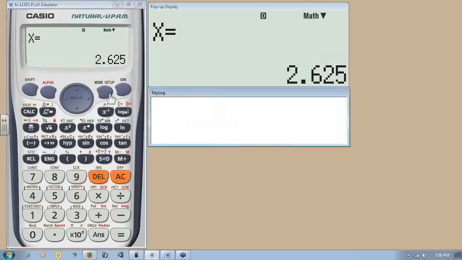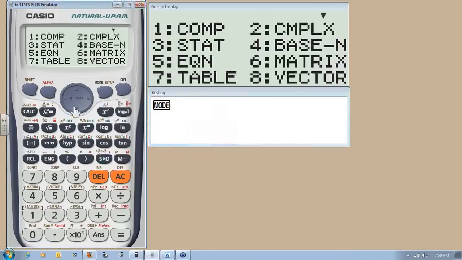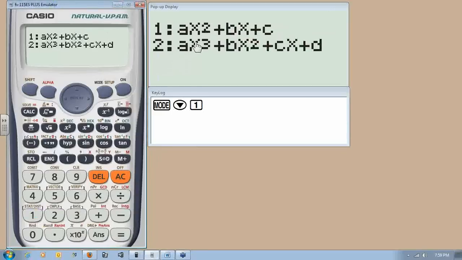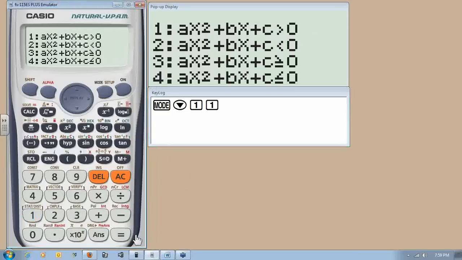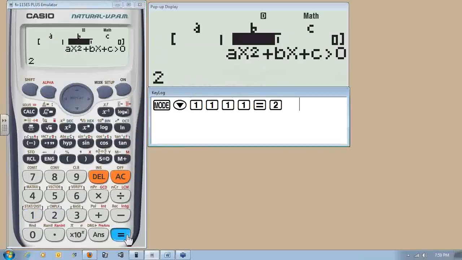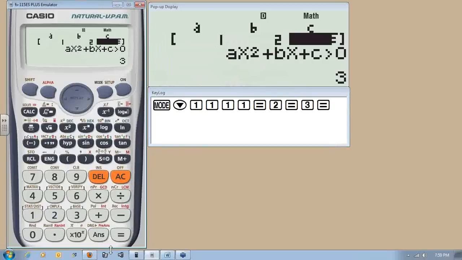Inequalities. I was shocked when I saw this. Going back into mode. I'm going to go down into my inequalities. Inequalities, quadratic inequalities or cubic inequalities. I'm going to go with a quadratic inequality. Let's go with greater than 0, number 1. Let's type in the one I have on the handout, which is 1, 2, and 3.